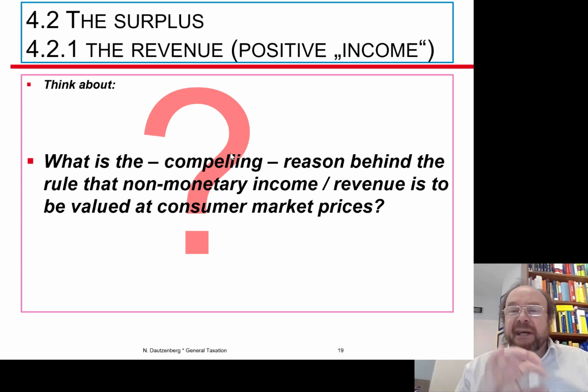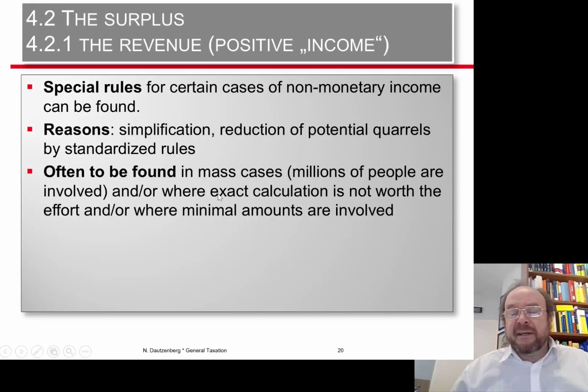And then you would again have distortions in the functioning of the market, and the whole affair would no longer be convincing. A general principle of a reasonable tax law should be that it makes no difference if you get 1,000 euro in cash and then buy something for it, or if you just get that thing directly with a value of 1,000. Otherwise, that would not be convincing.